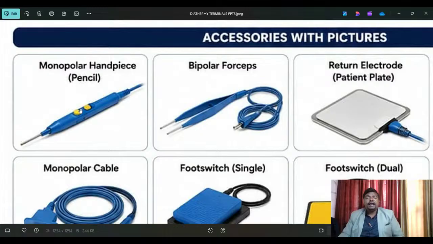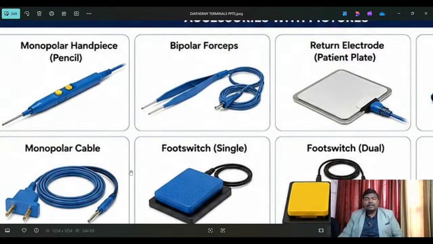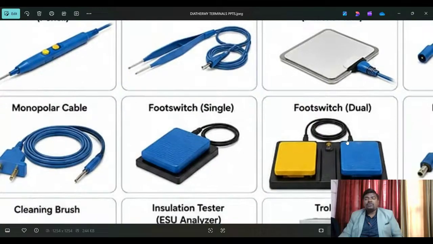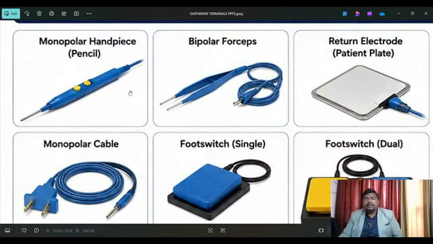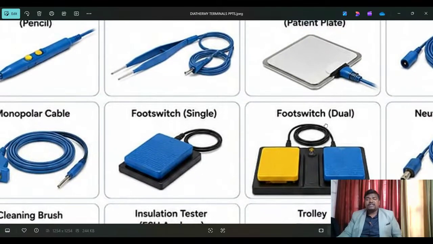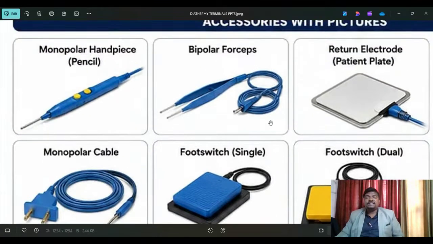We can operate both ways: the foot switch way and the pencil way. Sometimes if the pencil is not working, then we have to operate with the foot switch. And sometimes when both are working, the doctor operates the foot switch, watches the remaining session, and continues the operation. It is very easy to do all the functions.